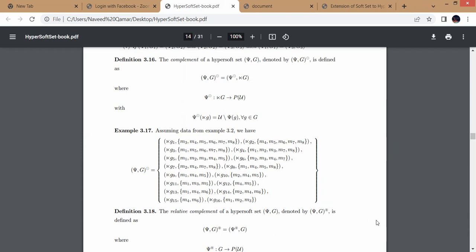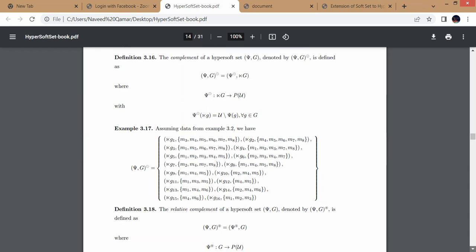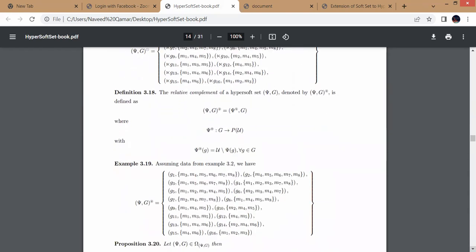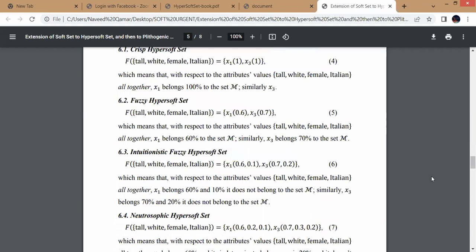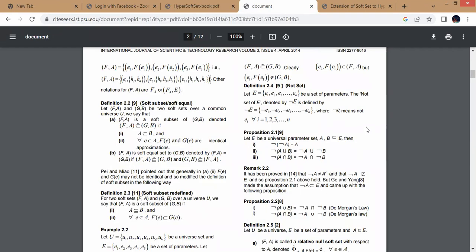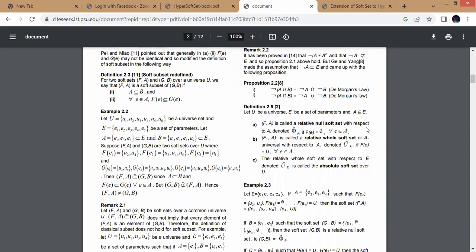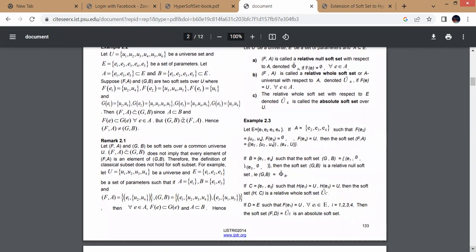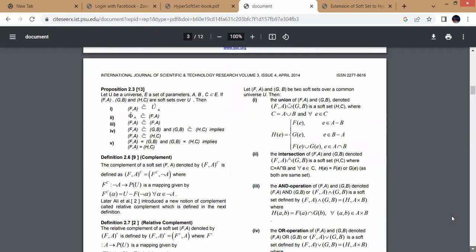The relative complement of a hypersubset is denoted by a sign for the relative complement of hypersoft set. So this is the same as in our paper of subset relative complement. This is relative whole, relative absolute subset. These are the same as in a hypersoft set and subset. Only the name and properties are changed, but the property definition is the same.